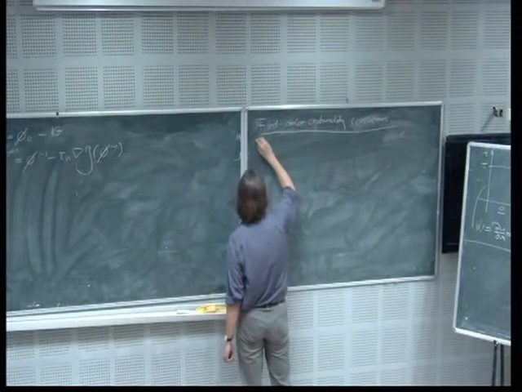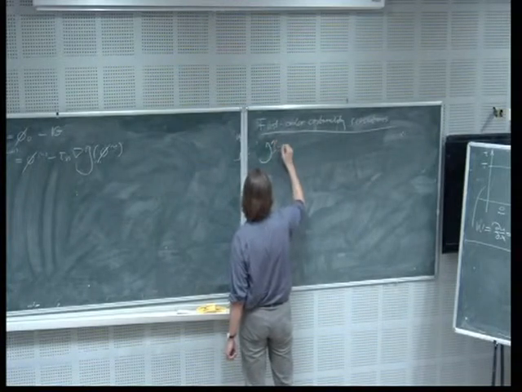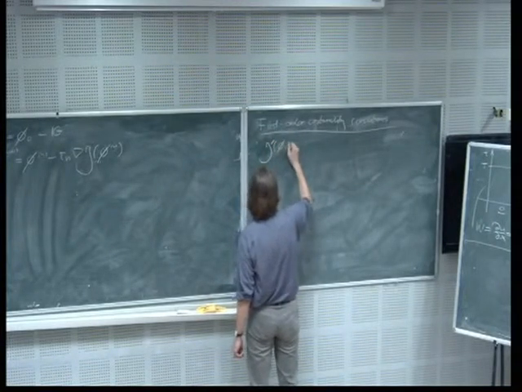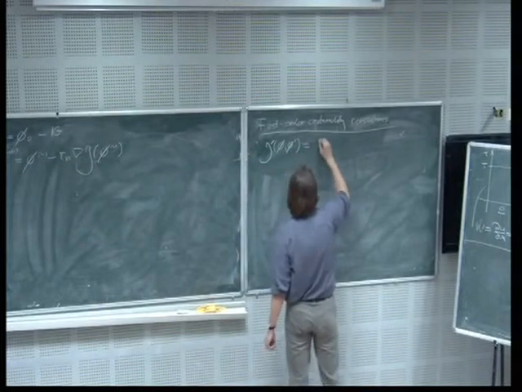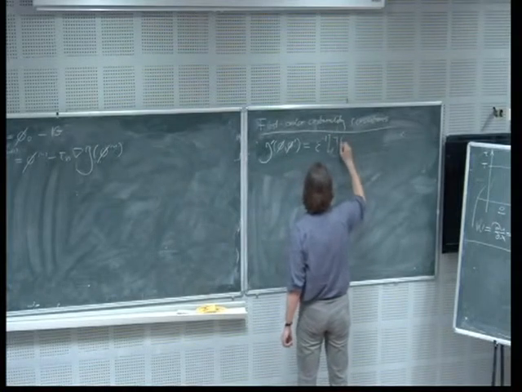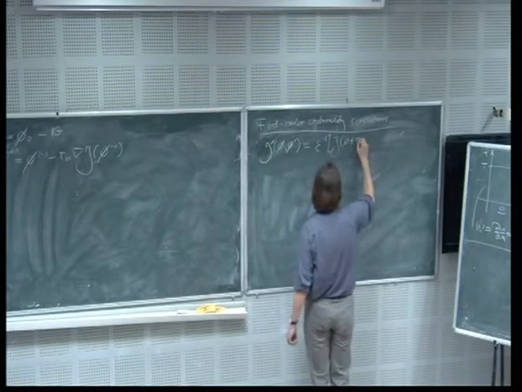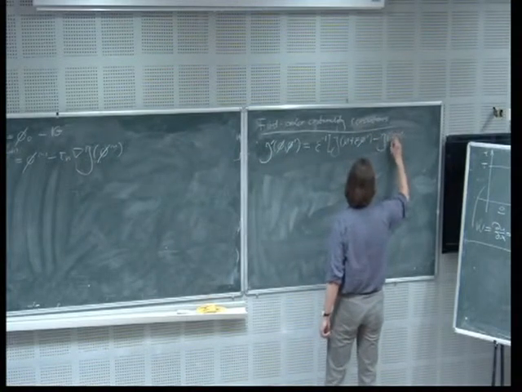Well, what we need is the vanishing of the Gateau differential. So if we define the Gateau differential in the following way: j prime of phi in the direction phi prime is equal to epsilon to the minus 1 times j of phi plus epsilon phi prime minus j of phi.